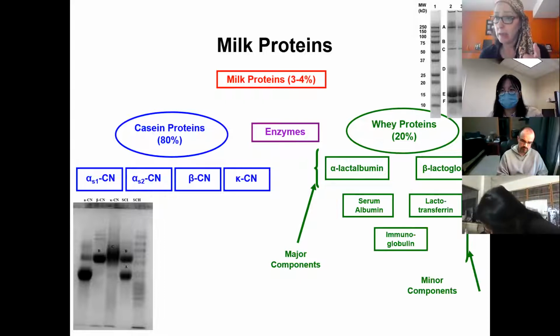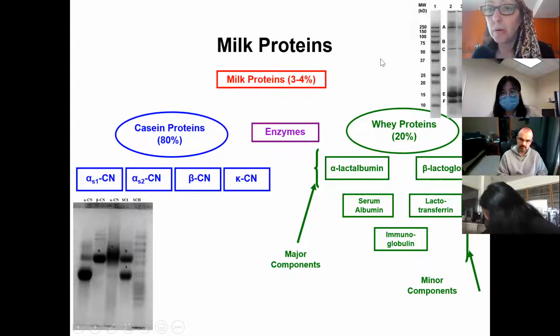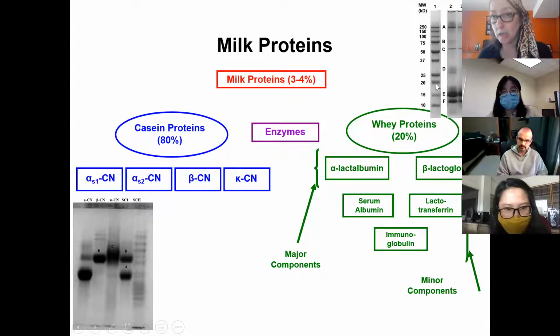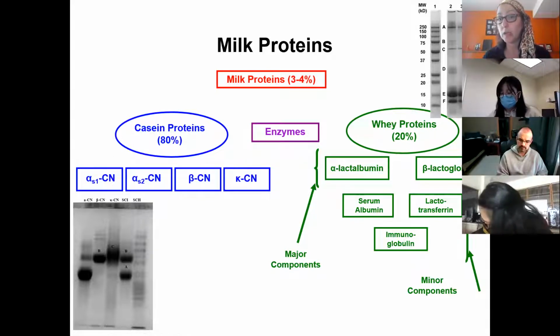Other proteins are there in whey. There are minor ones, and then there are some that are present a little bit more than the other minor proteins. So here in the gel, A is immunoglobulin, lactoferrin is B, and serum albumin is C. Okay, so you can actually see these proteins on a gel as well.